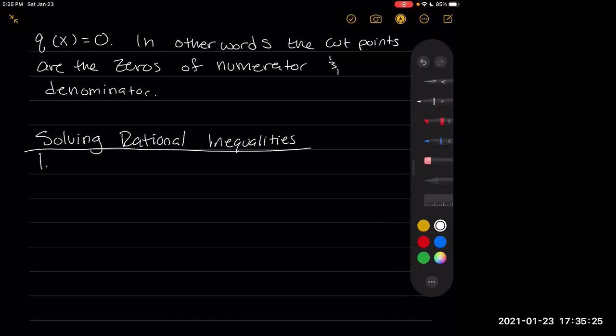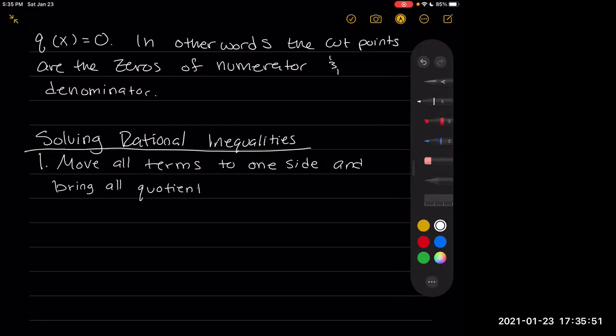So first, we're going to move all terms to one side and bring all quotients to a common denominator. Two, we're going to factor the numerator and the denominator.